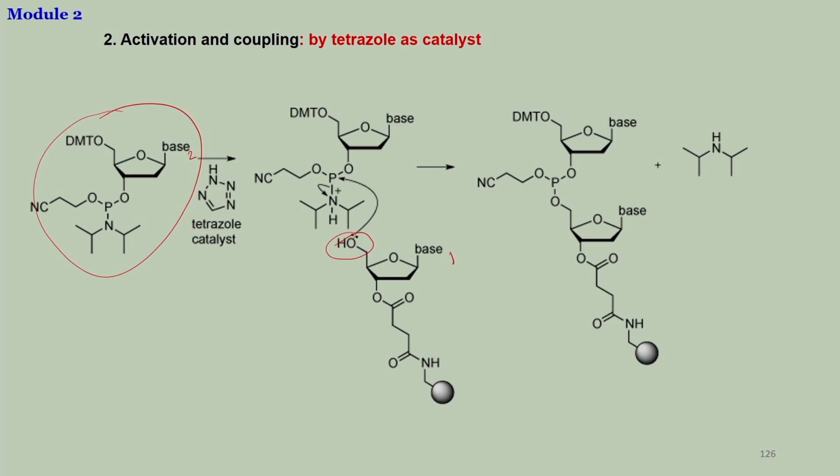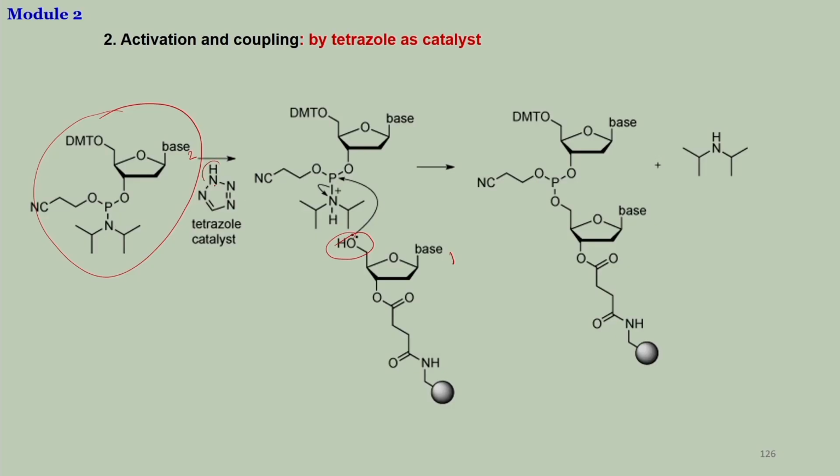So we have to make it a little bit reactive so that this hydroxyl group reacts there, acts as a good nucleophile. What we do is we use a little bit of tetrazole. This acts as a catalyst here. Tetrazole is just a little bit more acidic compared to this nitrogen.